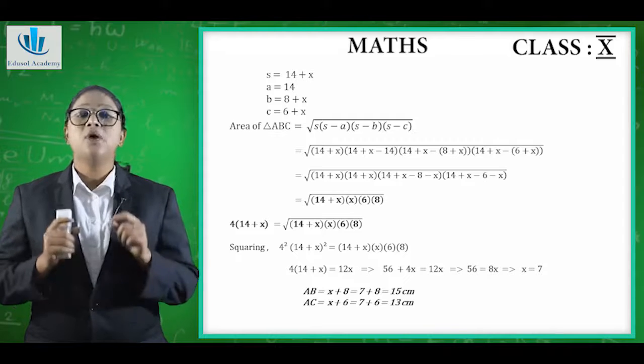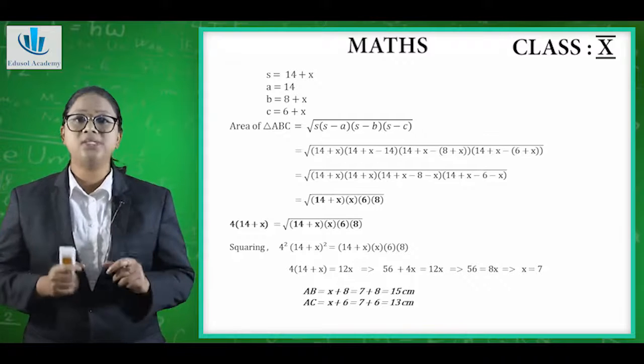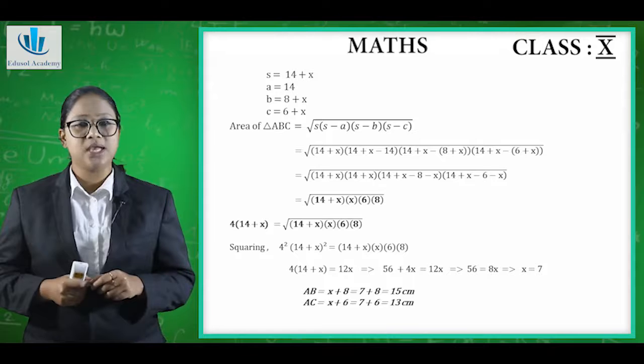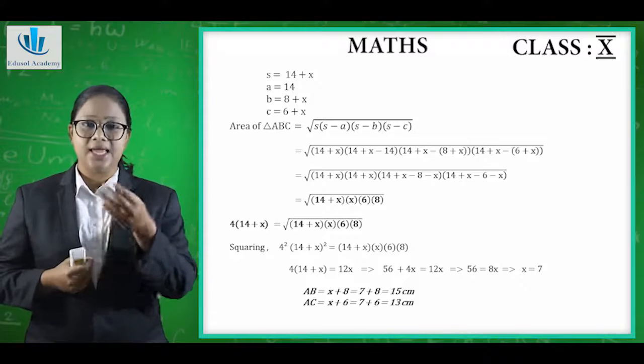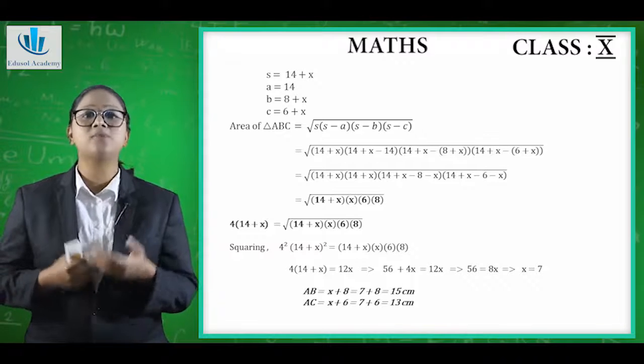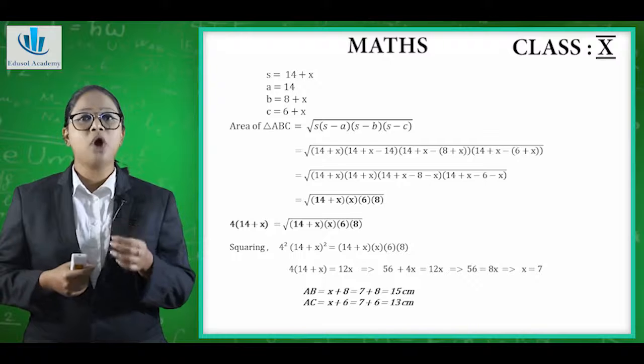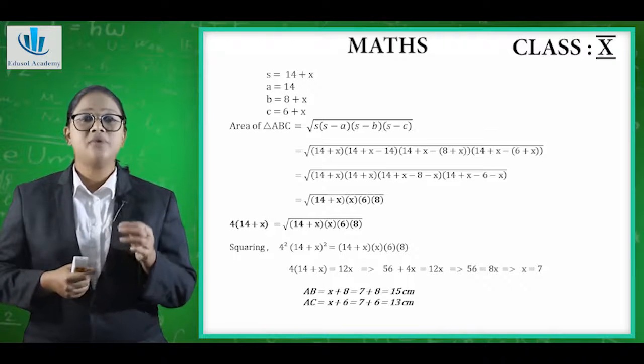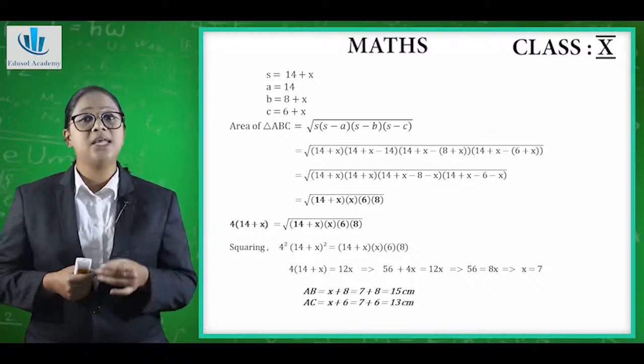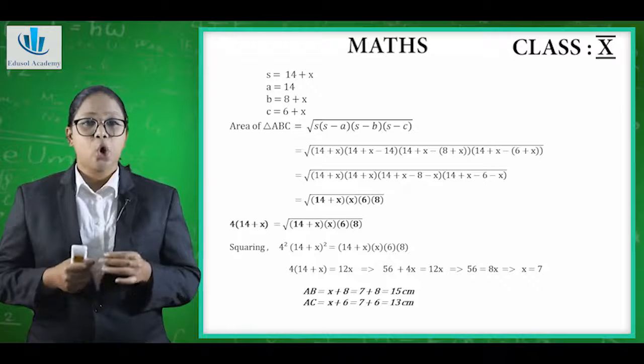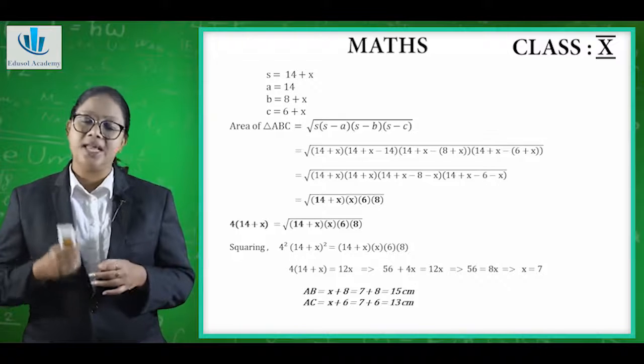Do not multiply or apply identity. Now you can see that 14 plus x is common on both sides. 4 is common on both sides. Similarly, we can cancel any common terms from either side, and what will be remaining is 56 plus 4x is equal to 12x. Or 56 is equal to 8x.